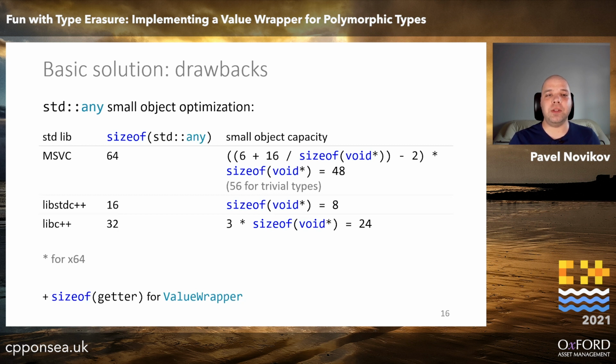And note that plus to all this mess, including the pointer to function table, we have to bring with us a pointer to our function table, which is the getter. In this case, it's just a pointer to function.